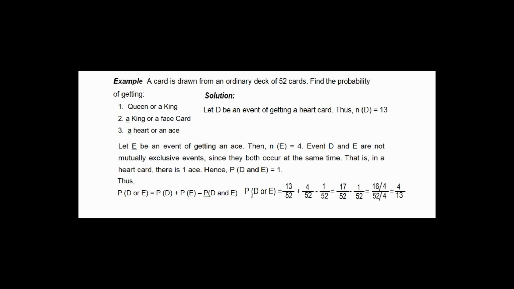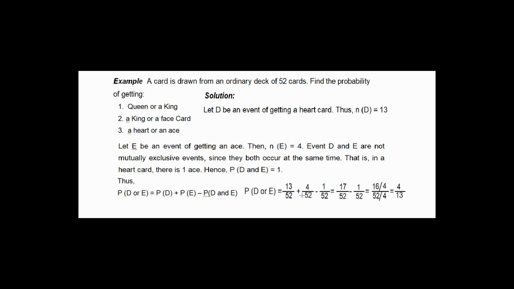P(D or E) is equal to, since D has the value of 13 over 52, because D stands for the event of getting a heart card, which is all in all 13 heart symbols in an ordinary deck of cards, divided by 52, plus 4 divided by 52.